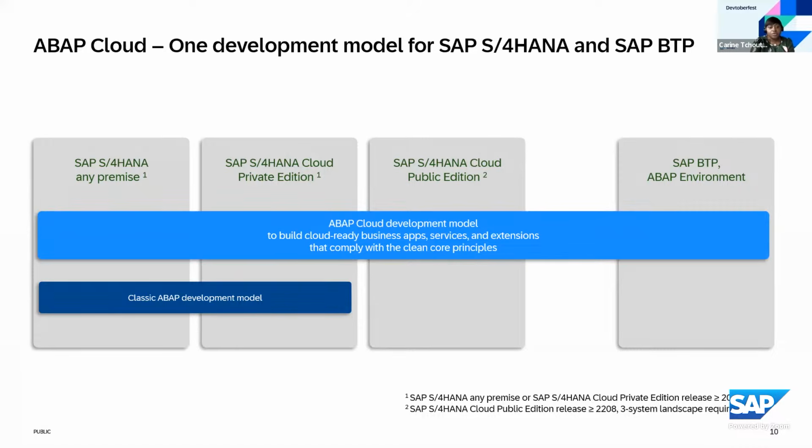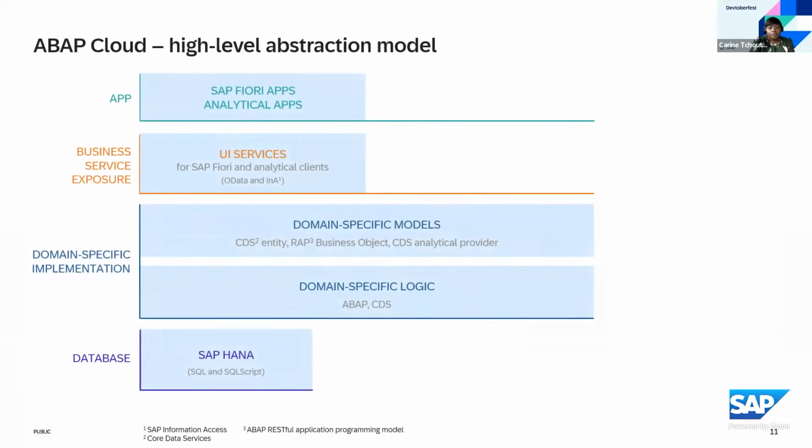So it's really important to mention that when working with ABAP Cloud, all applications built with this development model are clean by definition. ABAP Cloud offers a set of technologies, tools, development models, programming models, and methodologies to support you in building your applications efficiently.